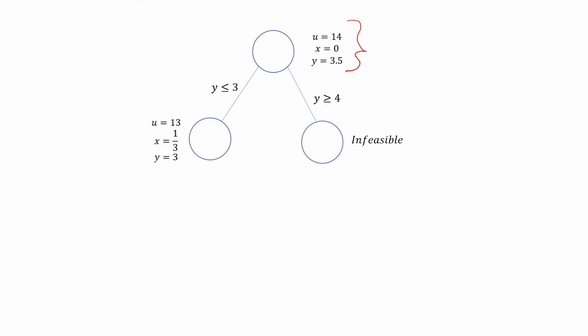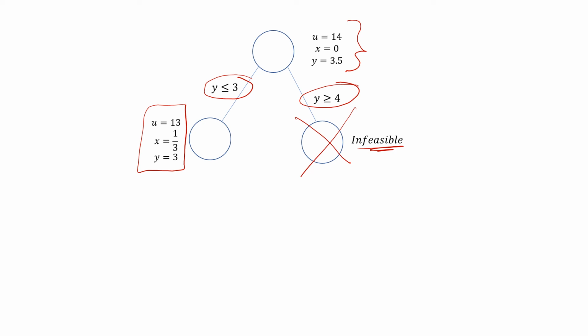So either y is less than or equal to 3, or y is greater than or equal to 4. When you add in the constraint y less than or equal to 3 and resolve your linear program, you get that as a solution. Again, note that we have a fraction in there. On the other one, where y is greater than or equal to 4, you try to solve it out, and it's going to be infeasible. So you can't go there.